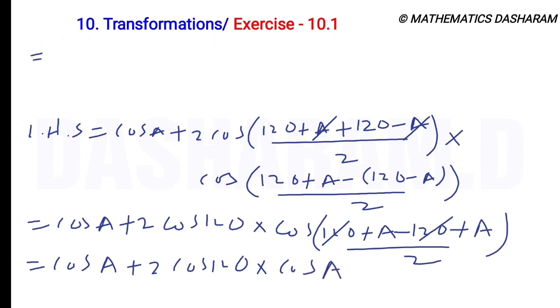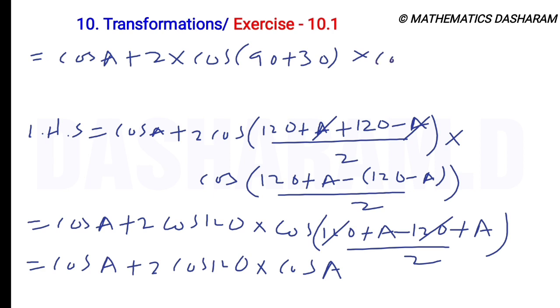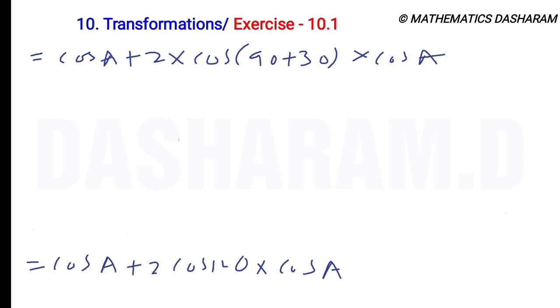So it is equal to cos a plus 2 into cos 120, which can be written as cos 90 plus 30 degrees, cos a. So 90 plus 30 means, see here, all silver tea cups.